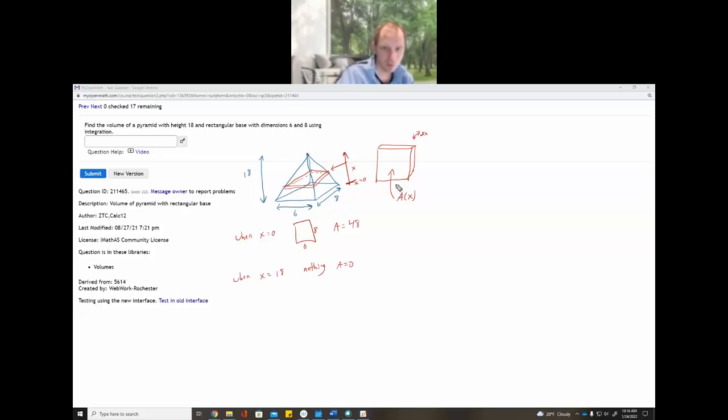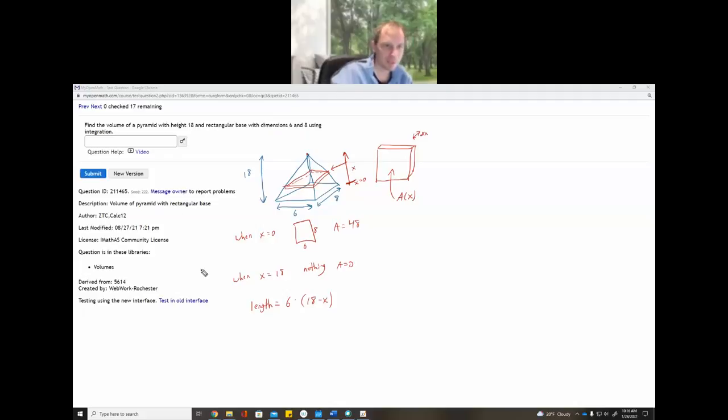So my length starts at 6 when x is 0, and it ends at 0 when x is 18. So I could think of this as being like an 18 minus x.